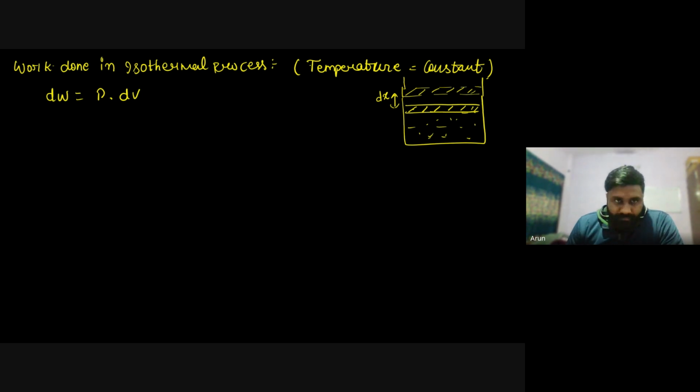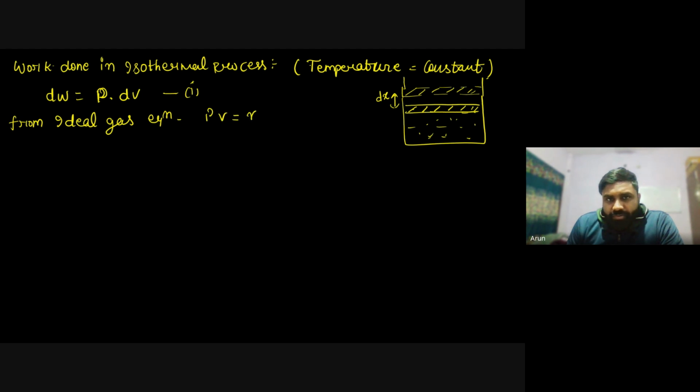Now, this is equation number 1, let's say. So we can say that from the ideal gas equation, PV is equal to nRT, or you can say mu RT, because we have represented the moles in terms of mu.